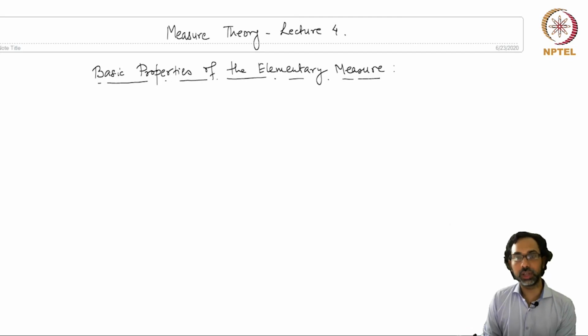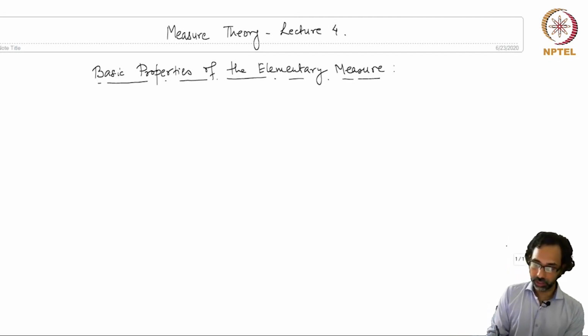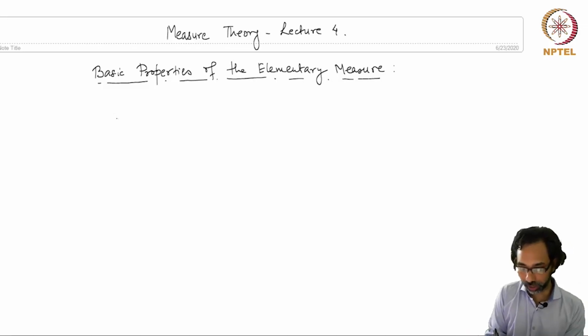So let us continue with our study of the basic properties of the elementary measure. But before we do that, I would like to state an easy observation, or you can state it as a lemma.